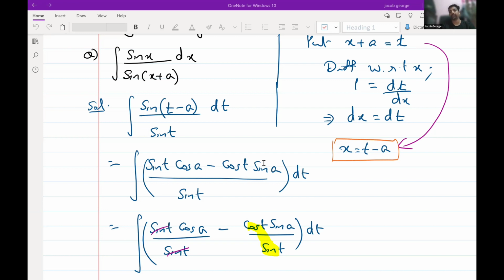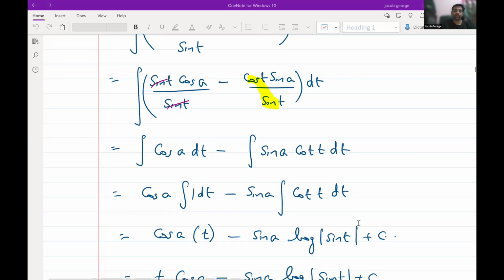So sin t cos a minus cos t sin a upon sin t dt. Then we divide it term-wise: integral cos a minus cos t by sin t, which is cot t, into sin a dt. So cos a integral dt minus sin a integral cot t dt; we can take sin a outside. So cos a into t minus sin a into log mod sin t plus c.